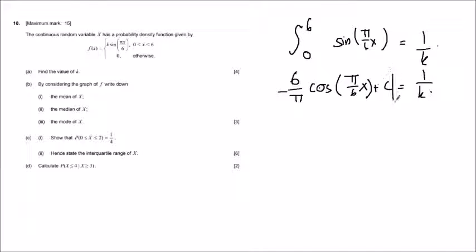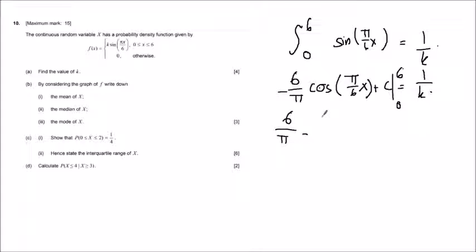And this is from 0 to 6, gotta evaluate from 0 to 6. So if you take 6 in here, you'll have cosine of pi. What's cosine of pi? It's minus 1, right? So you'll get 6 over pi minus 0. So 0 is just cosine of 0, which is positive 1.